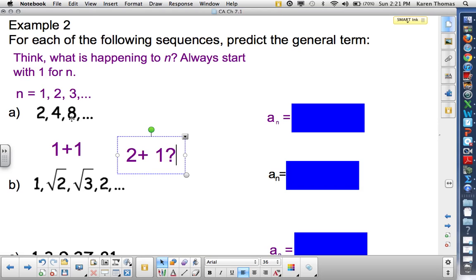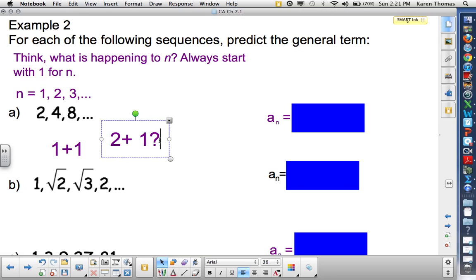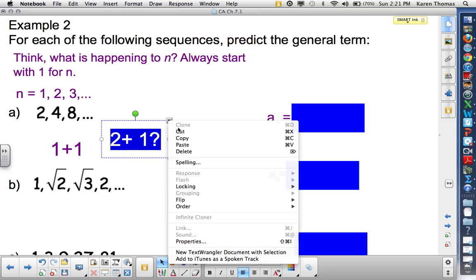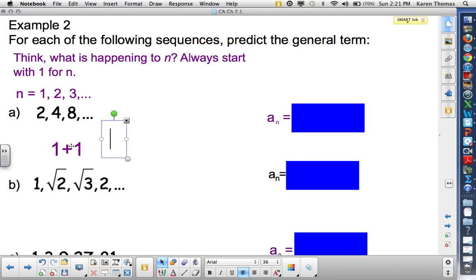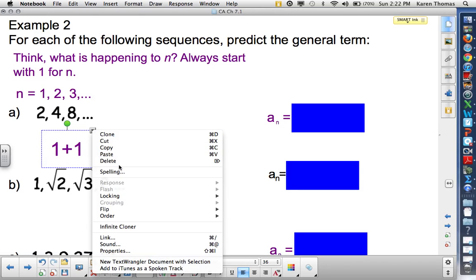That does not equal 4. So I'm thinking this 1 plus 1 is not going to work. So I'm going to start over and delete these and think, what else could it be? It's not 1 plus 1 or 2 plus 1. We're not adding 1 to each number.